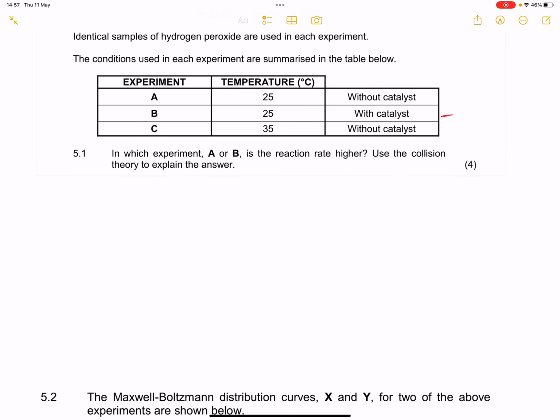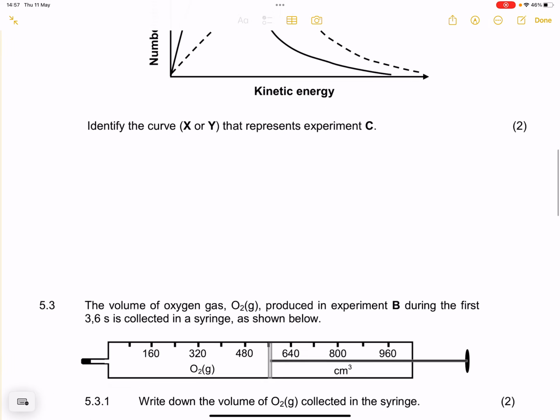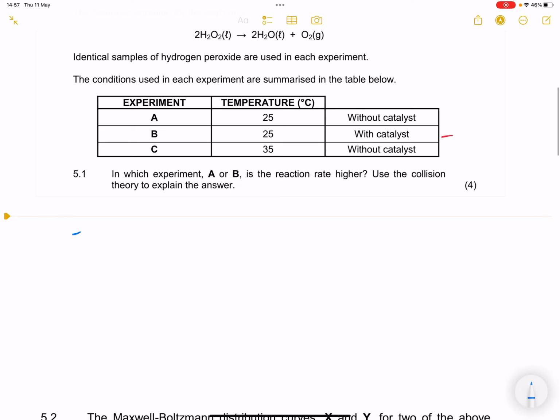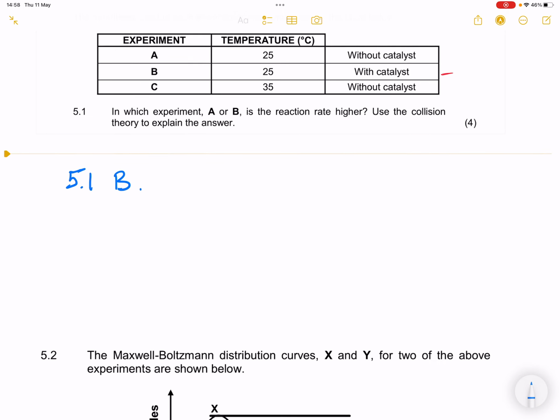So first of all, let's give the answer. It would definitely be 5.1, it would definitely be B. We need to specify which answer is applicable.